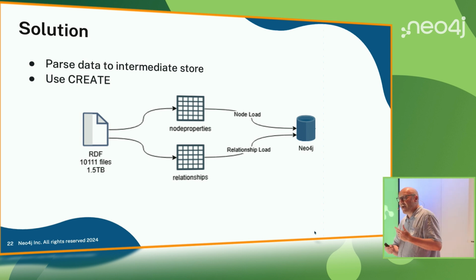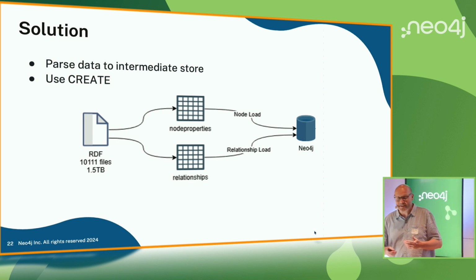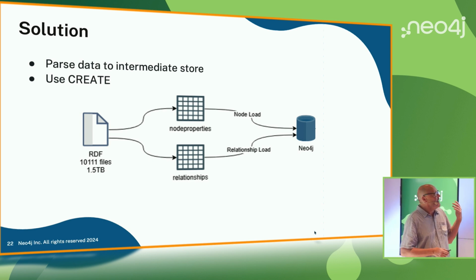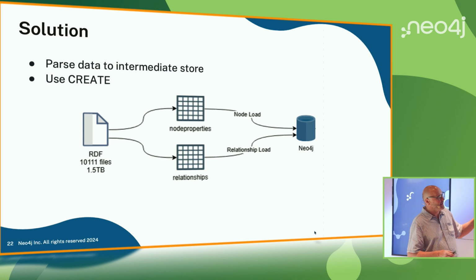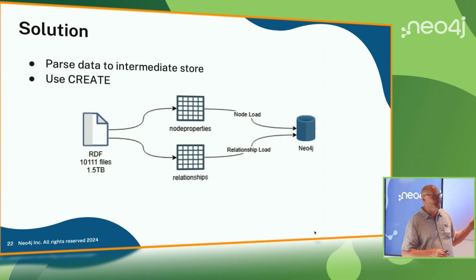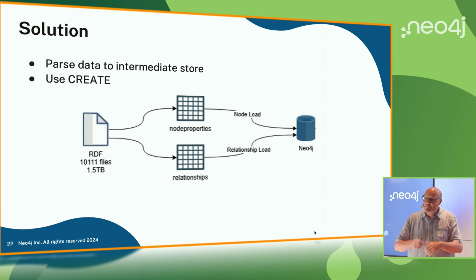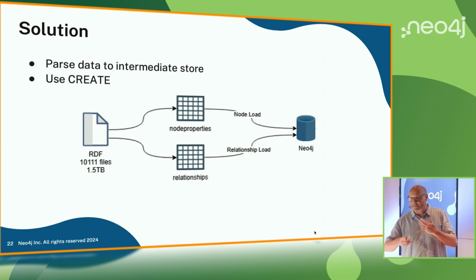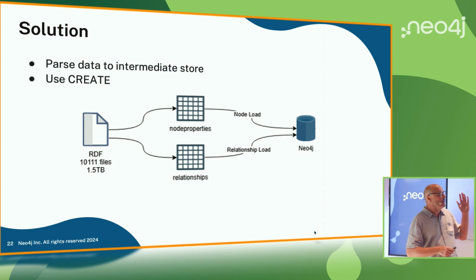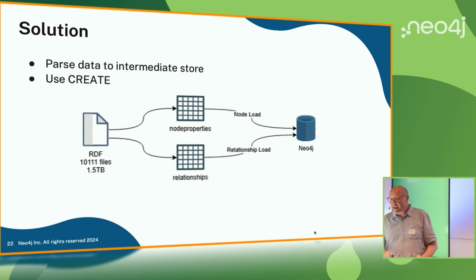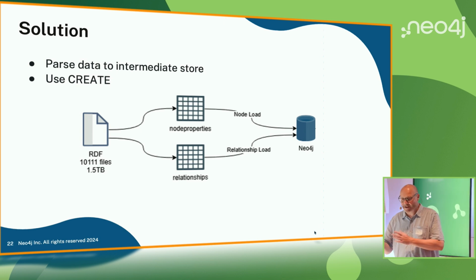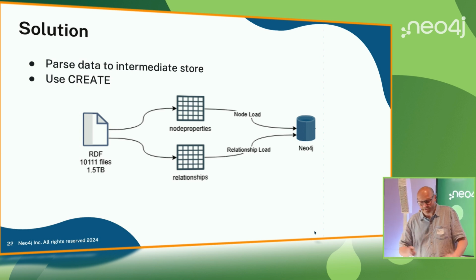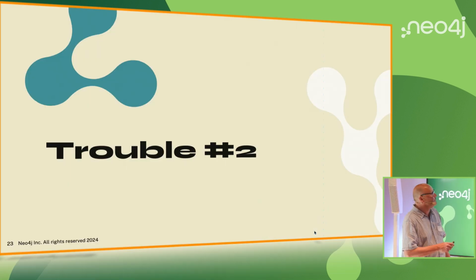So we're basically enabling our ordering of the data. Then in that process, we can use a CREATE statement in Cypher to update the data in the database and remove the need to look up every single time. That speeds things up. That helped us improve things from 100 days down to something in the order of about 10 days.